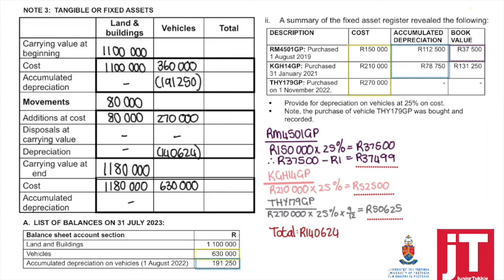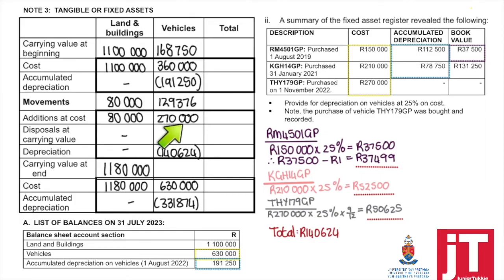My total depreciation must be shown in brackets. To calculate the accumulate at the end, take the beginning plus the depreciation equals, it must be shown in brackets. Get the carrying value. To get the carrying value, cost minus accumulate equals. Then we need to look at our movement.